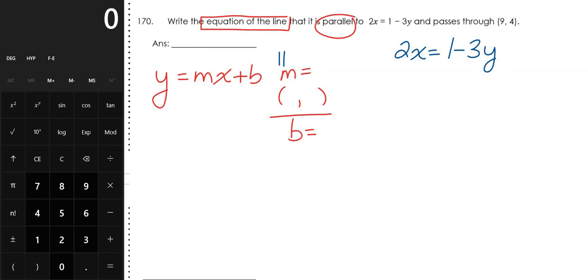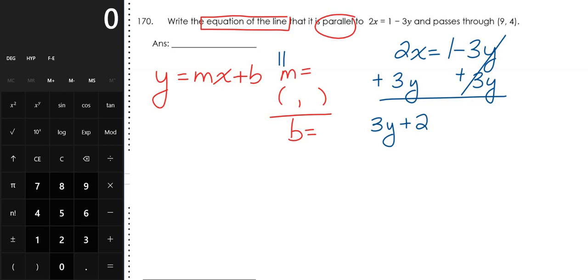Most of you like to see the y value on the left. So what we can do first is take that negative 3y and move it to the left. How would we do that? Well, we would add 3y to both sides. It's going to cancel on the right. On the left, we're going to have 3y plus 2x equals 1. Then let's get rid of the 2x.